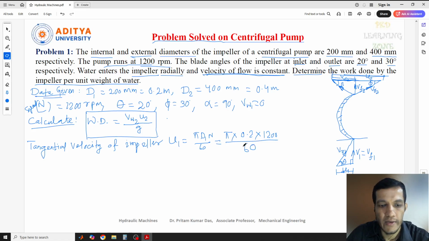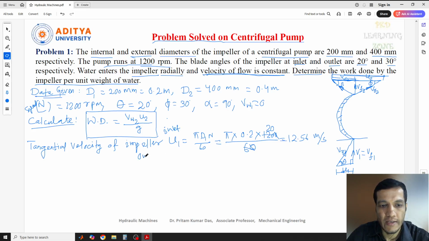So we can cancel this, that 6, and this is 20. So 20 into 0.2 will be 4, and this will be pi. So 4 into pi, with pi equal to 3.14, we'll get 12.56 meter per second, and this is at inlet condition, correct?